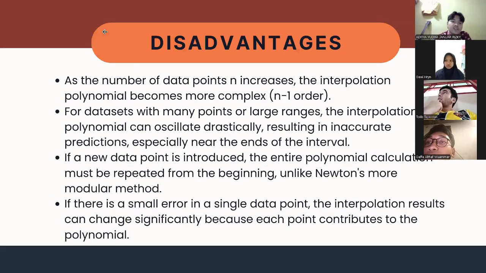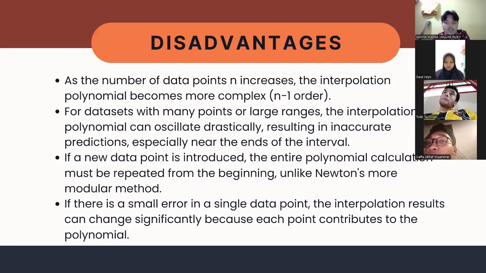But there are also disadvantages in this method. First, as the number of data points n increases, the interpolation polynomial becomes more complex. For data sets with many points or large ranges, the interpolation polynomials can oscillate drastically, resulting in inaccurate predictions, especially near the end of the interval.